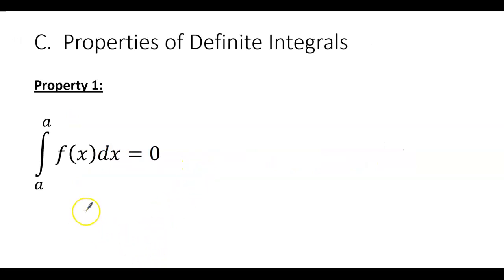So let's go ahead and look at our properties. As I told you, today's lesson is going to be about looking at properties of integrals. And so here's our first property. Now I'm going to approach a lot of these properties in two ways: algebraically and then geometrically.